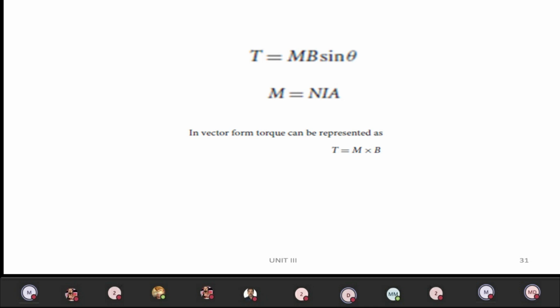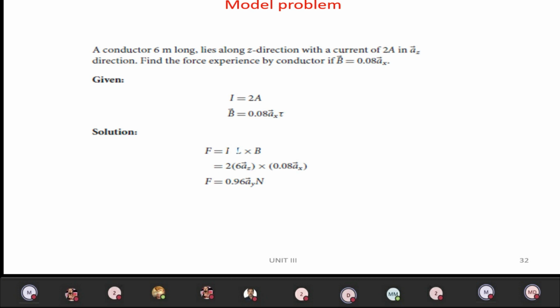B is the magnetic flux density and theta is the angle between the conductor and the magnetic flux density. In vector form, we can represent torque T = M cross B. You can see a model problem here.